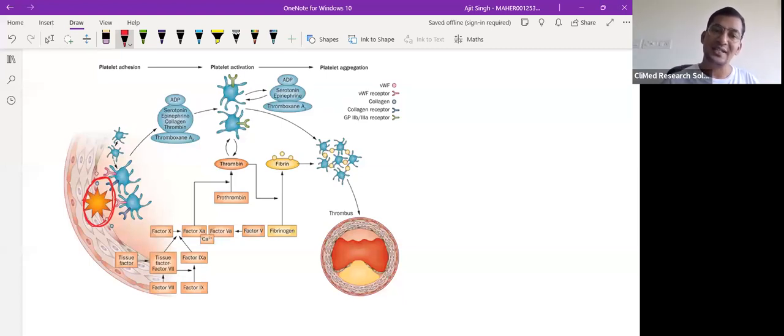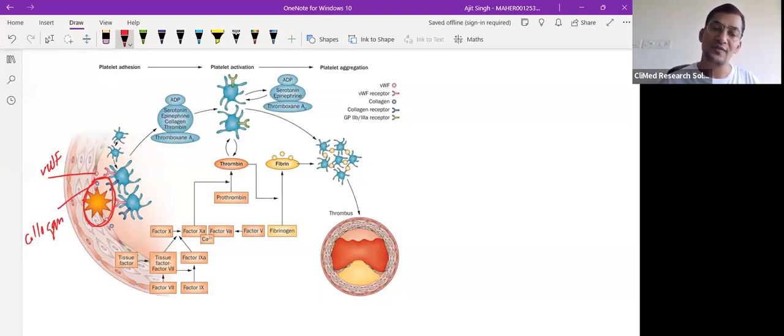As we can see, this is VWF, which is nothing but von Willebrand factor. And this blue one is collagen. And when these get secreted, some coagulation factors are also secreted with them.